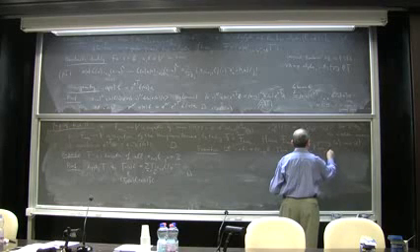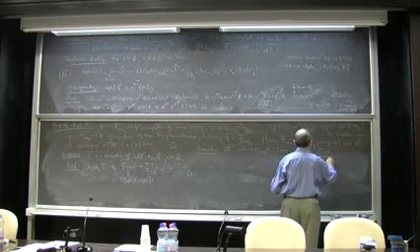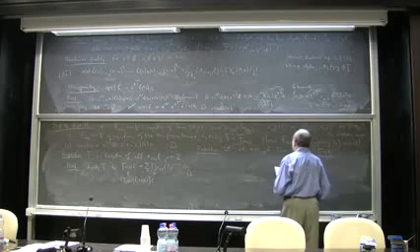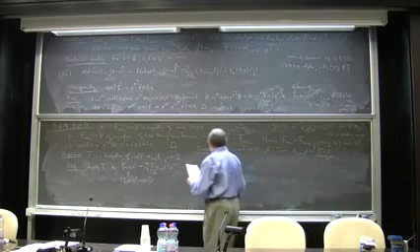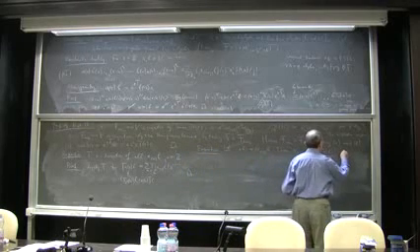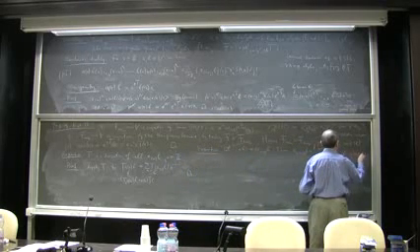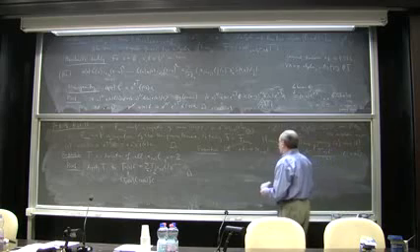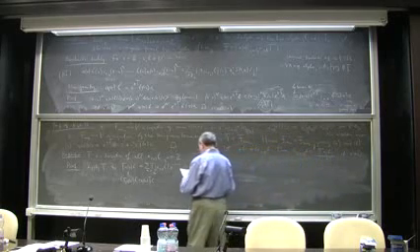A B, if n is greater than 0. So all other negative products are expressed in terms of the normal ordered product.